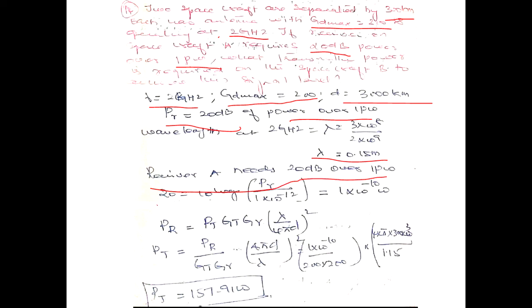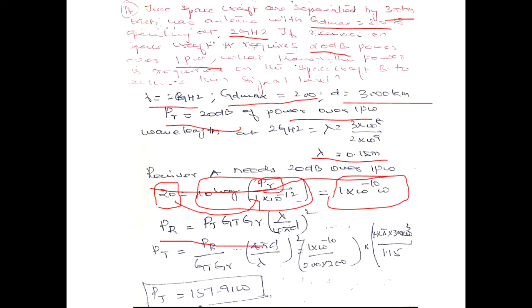So 20 dB equals 10 log of PR divided by 1 into 10 power minus 12, so the log is 20 divided by 10. If you take the anti-log, you get PR equal to 1 into 10 power minus 10 watt.